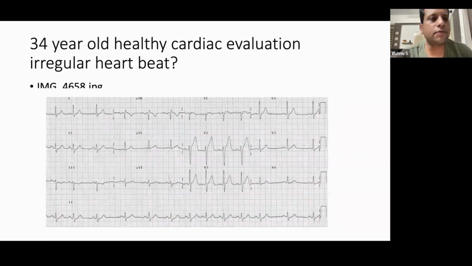This is another case, a 34-year-old healthy lady. During cardiac evaluation, they found an irregular heart rate and ordered an ECG. What is the finding? This is a healthy lady with no symptoms.